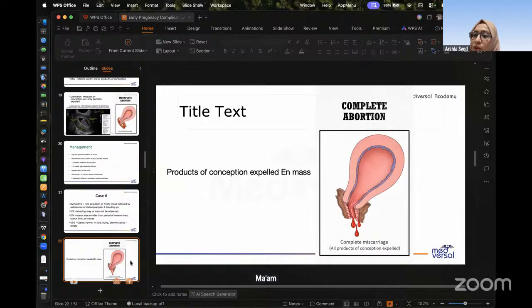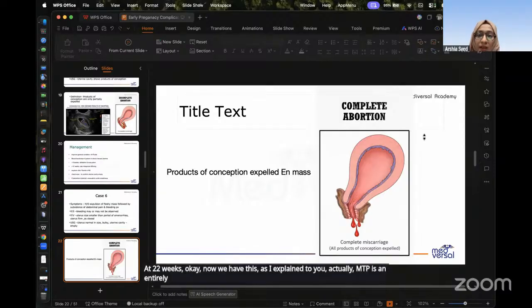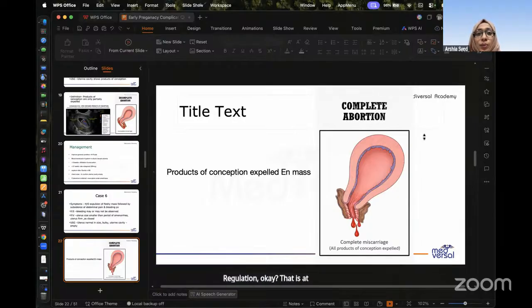Ma'am, please explain, when abortion is at 22 weeks, what is mentioned in GPLA? Actually, MTP is an entirely different topic, which I didn't cover in this. In MTP, there are certain regulations. Up to 20 weeks of gestation, MTPs can be done.